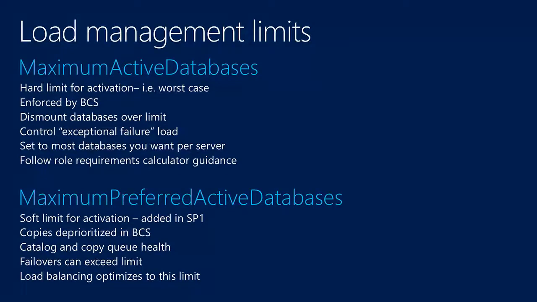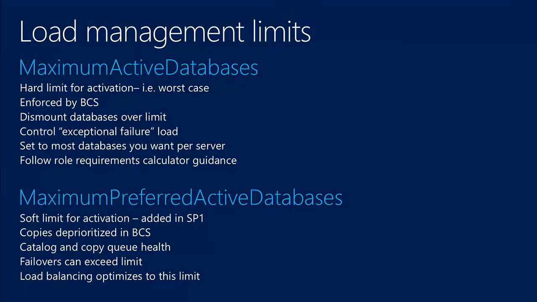Now, the maximum preferred active databases, this is new. This just came in SP1. And this is a soft limit so that the administrator can control resource utilization on a given server. The server might be sized to handle 28 active databases, but maybe they only want it to really run with 20 active databases to optimize the user load and so forth.